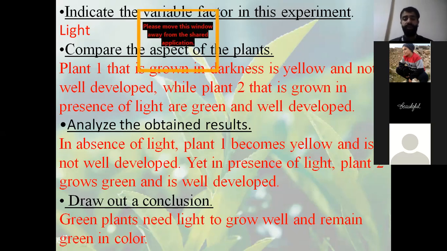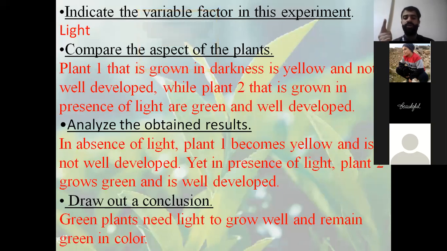Green plants need sunlight to grow well and to remain green in color. So till now we have three important nutritive needs for the growth of green plants. The first one is water. Second, the mineral salts. The third is the light.